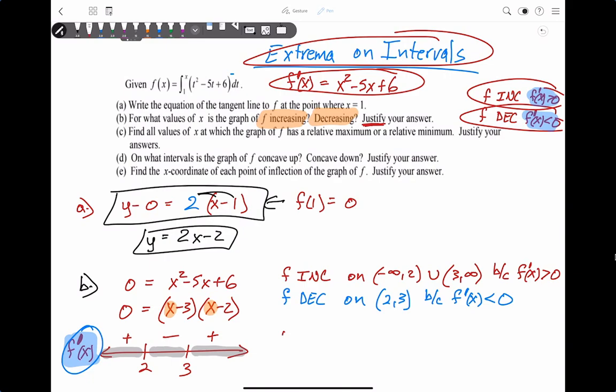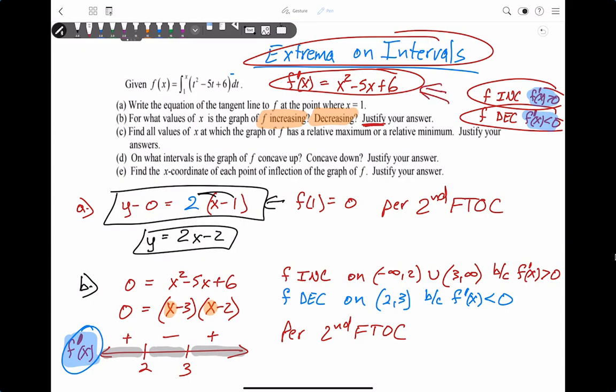Per the second fundamental theorem, we were able to get that f prime of x is equal to x squared minus 5x. So we've now used that in both parts A and B. I'm not going to rewrite it, but you were able to use this equation right here.